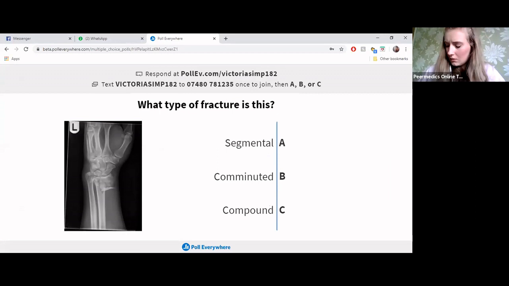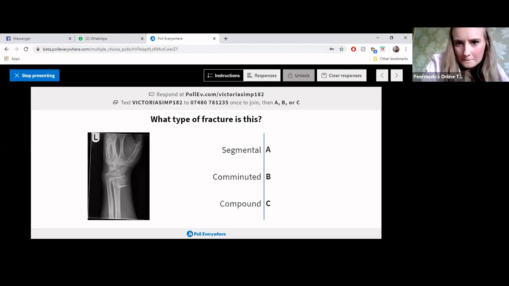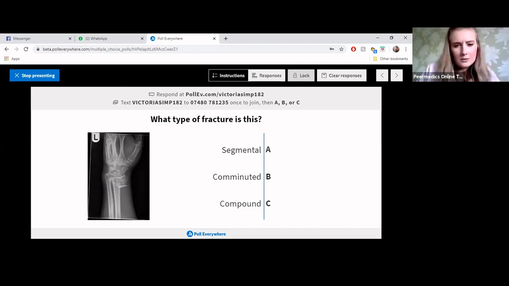Is this working okay? Right. Can you guys hear me, or are we having issues with my internet?